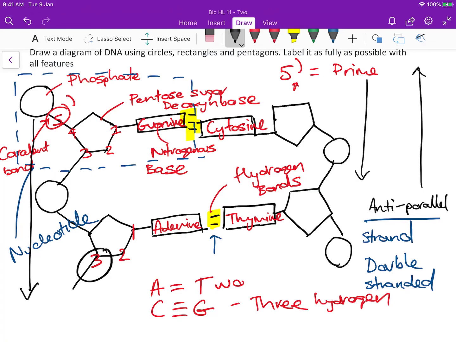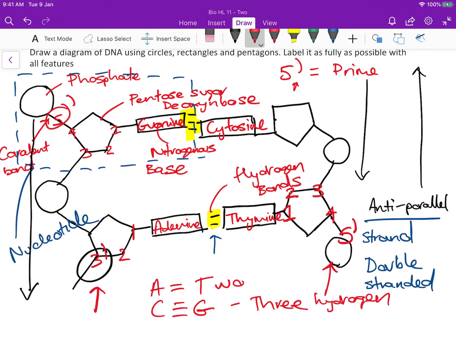Now if we look at the other one, and I'm going to label it here, if we look at this strand over here, well, we have to label it the same way. So 1 would be there, and this might be easier to do upside down. 2, 3, 4, 5. So we can see that at this end, it's the 3' end, and at that end, it's the 5'.